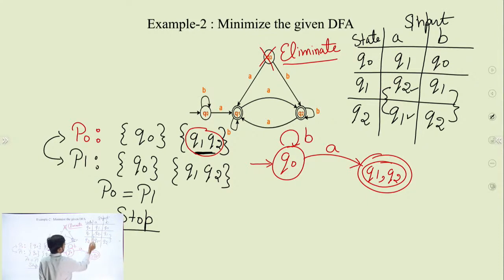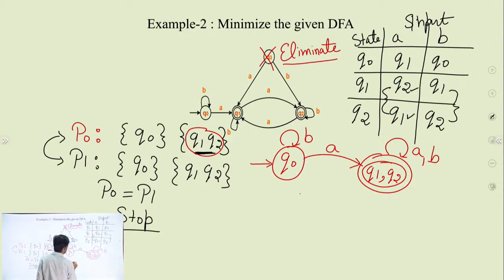Q1 on input A goes to Q2, Q1 on input B goes to Q1. Similarly, Q2 on input A goes to Q1 and Q2 on input B goes to Q2 only. So this is the final DFA. This is the final minimized DFA.